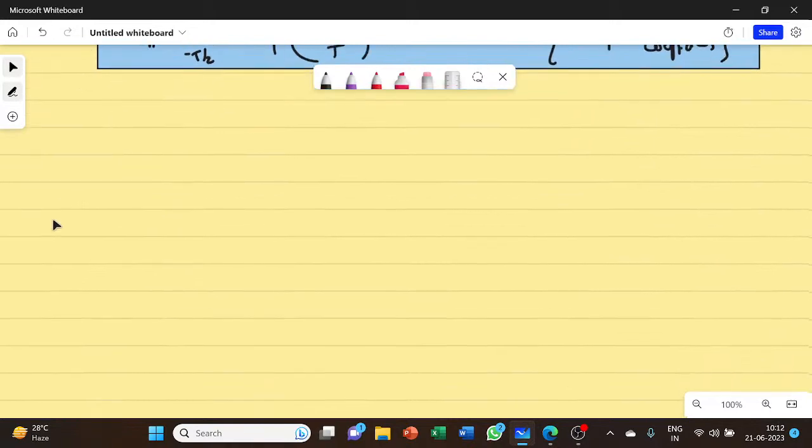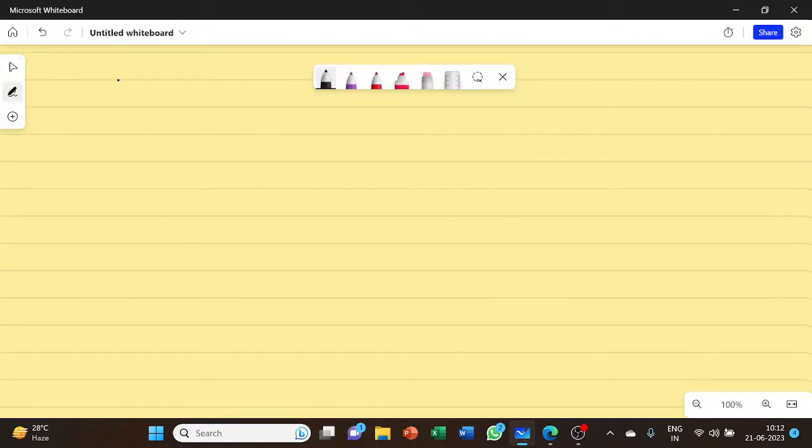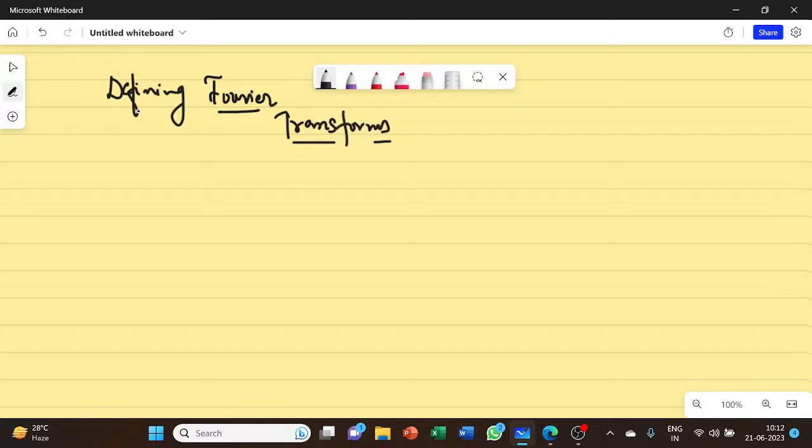So this brings us to the central question of our first lecture, which is defining Fourier transforms. This draws us to the central theme of today's lecture.